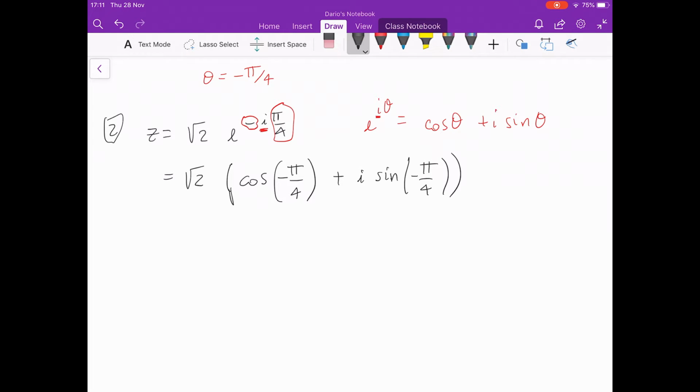And at this stage, well, we can again use our calculator to find these two expressions in terms of real numbers. But you will notice that if you remember about sine and cosine's properties, the sine of minus an angle is equal to minus the sine of that angle.